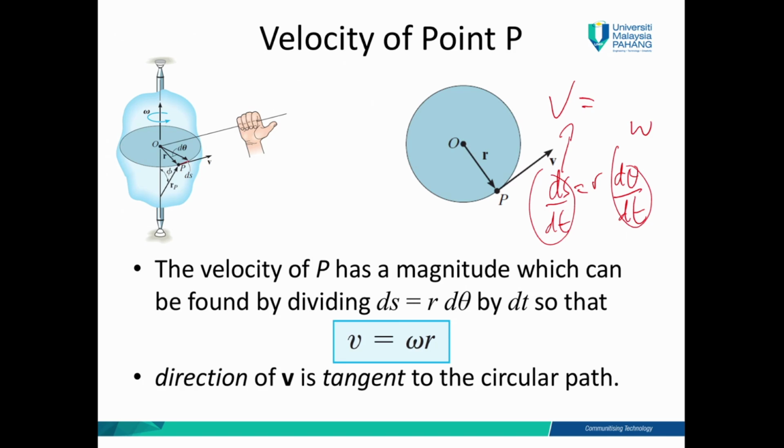So v is equal to r omega, and the direction of v is tangent to the circular path. So it is actually tangential velocity, which is quite similar to what we've discussed in chapter 2.